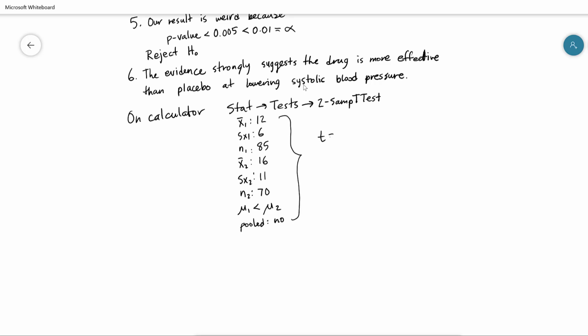It'll give us our test statistic, which is negative 2.7266455533. So it gives us the test statistic that we found back in step 3, and it also gives us the p-value. So our p-value is equal to 0.003766945.